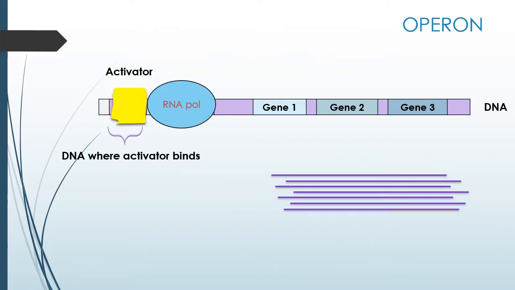But where do regulatory proteins come from? Like any other protein produced in an organism, they are encoded by genes in the bacterium's genome. The genes that encode regulatory proteins are sometimes called regulatory genes.